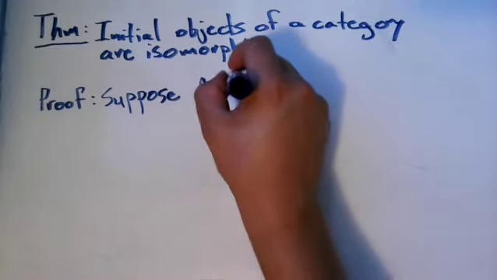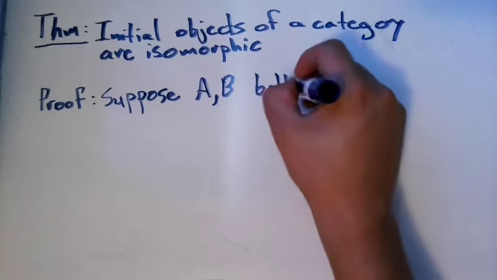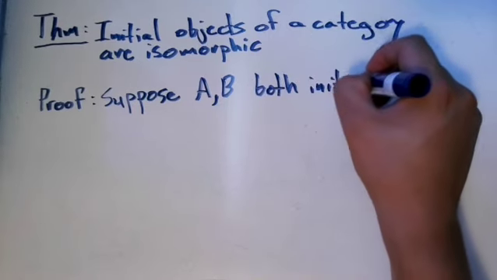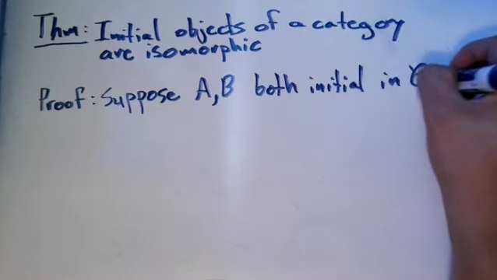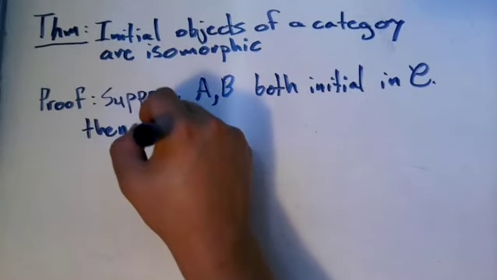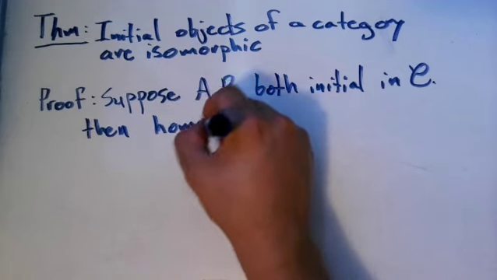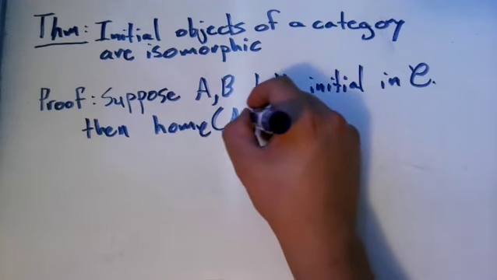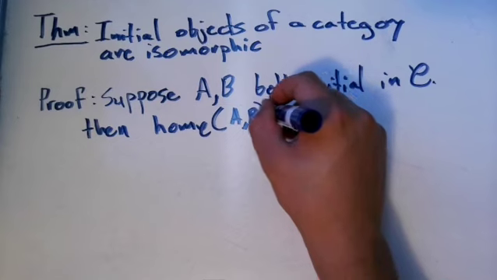Suppose A and B are both initial in C. Then the hom set in C from A to B has a single morphism.